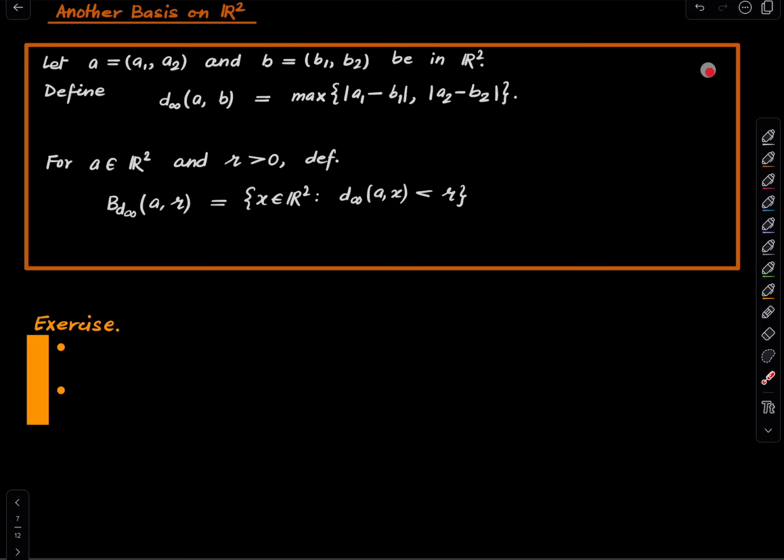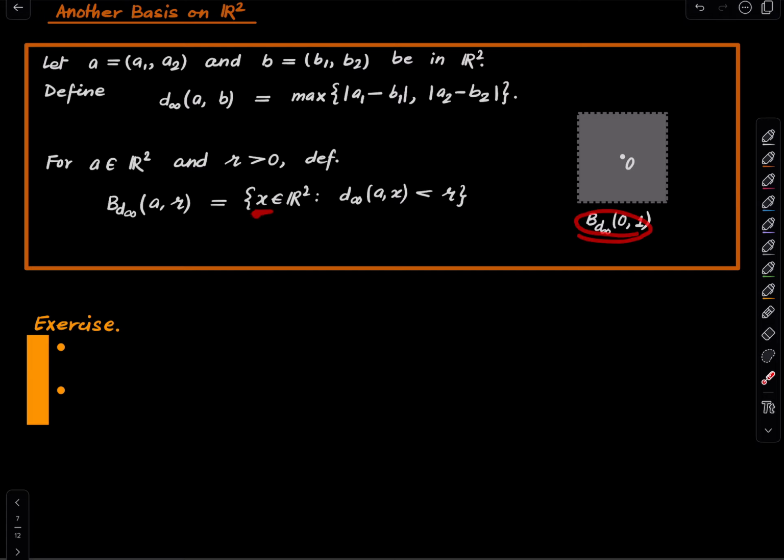And here is a picture. So suppose A were the origin. It's best to understand in terms of the origin. So this is the origin. What does this look like? The infinity ball around the origin of radius 1. So by definition, it is all those x's for which mod x1 and mod x2, the maximum of them is less than 1.